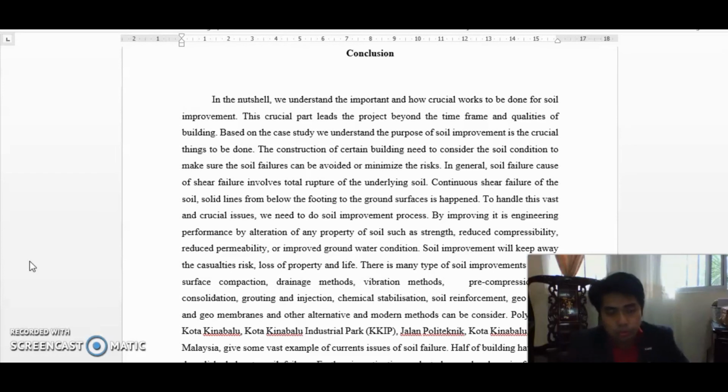Why do we do the soil improvement process? Because it improves engineering performance by altering properties of the soil, such as increasing strength, reducing permeability, or improving groundwater condition. So soil improvement will keep away the risk of failure, loss of property, and life.